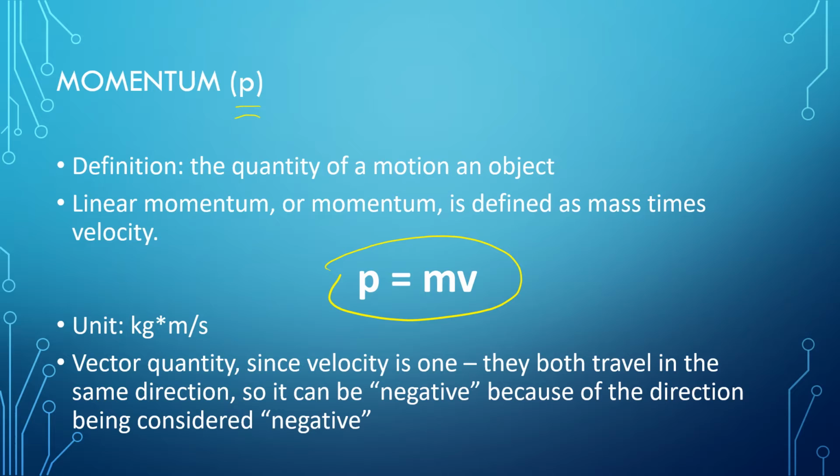The unit makes sense: you have your units for mass times your units for velocity. Knowing that velocity is a vector quantity because it can have a direction, that means your momentum will also have a direction too. So if you have a negative velocity, your momentum is going to be considered negative as well.